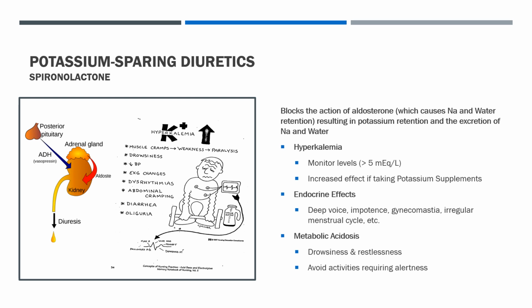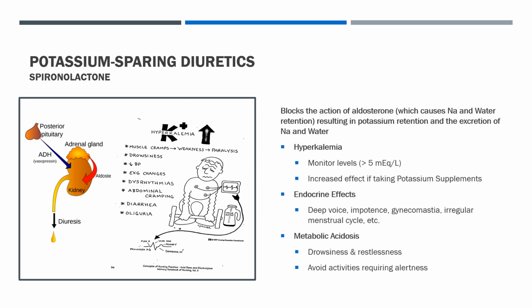So these are going to be levels that are above 5. So greater than 5 is hyperkalemia. And this is even more so if someone is taking potassium supplements. They should not be taking potassium supplements with spironolactone. Okay?